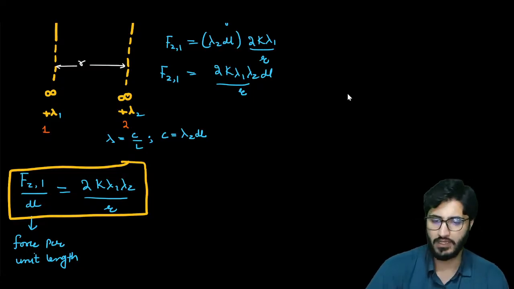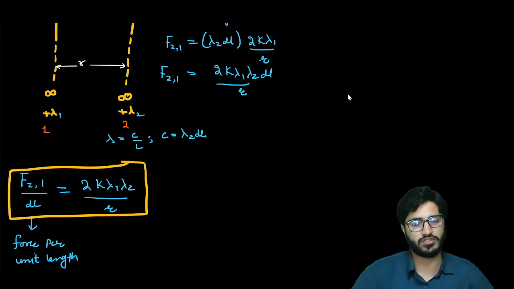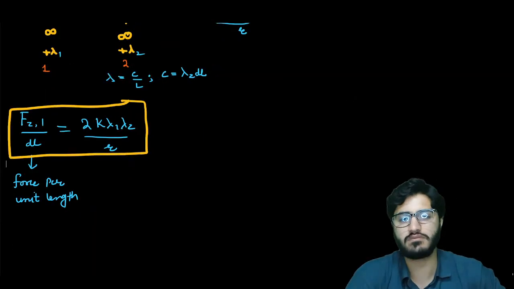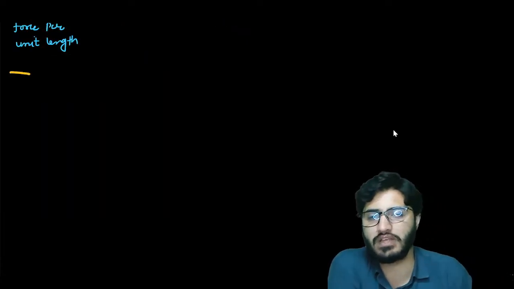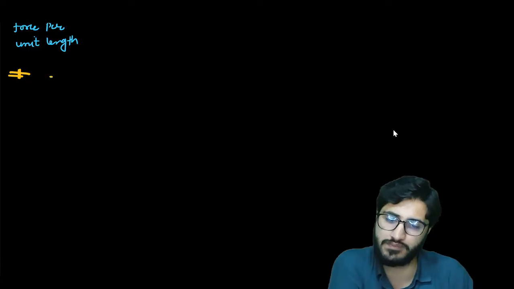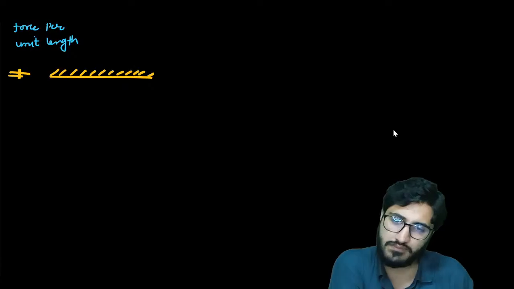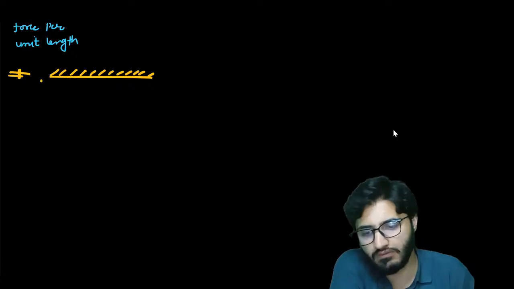Okay, let us do one more numerical, then we will start electric flux and Gauss's law. One last numerical. We have a system something like this. We have an infinite line with charge plus lambda.